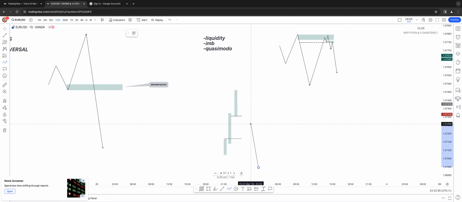It's more like you skipping processes in life and coming back to still do them before another major move would happen. So that is the anatomy behind the fair value gap.